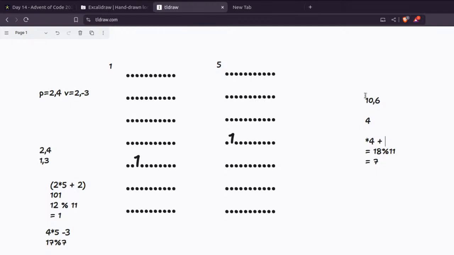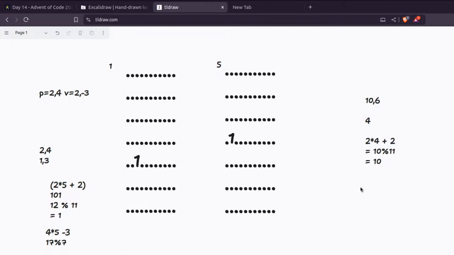I want to add 2 and multiply 2, 4, 8 and 10. So that will be 10. 10 mod 11 is 10. Okay, that example is confusing because 2 and 2 are the same. So that will be tricky.